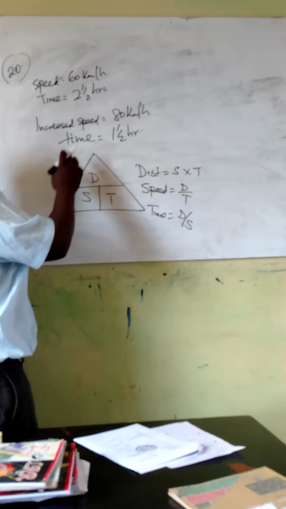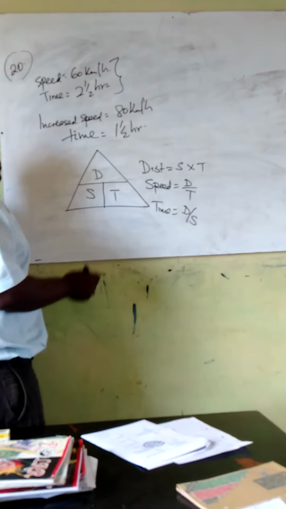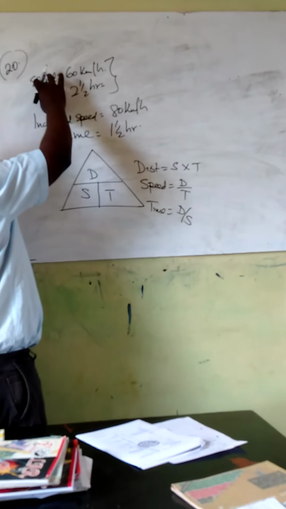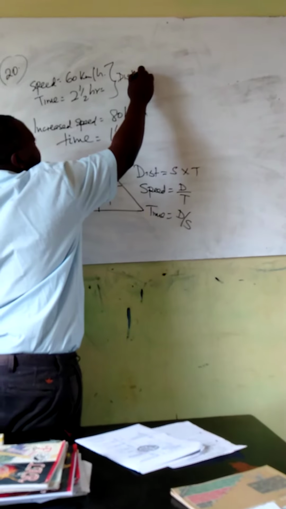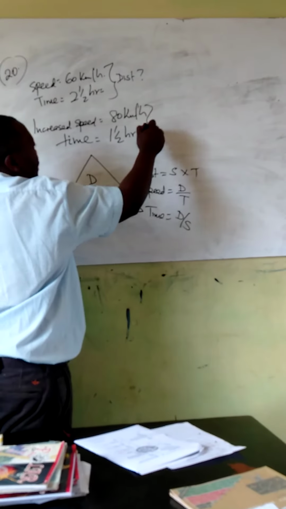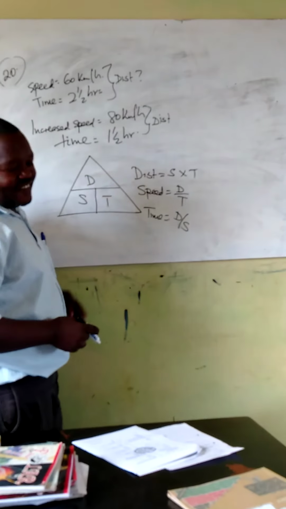So here we must look at the distance, because that is the parameter that we are not given. We have speed, we have time, so we look for distance. And the same case here, we look for distance, and then we add the two distances.